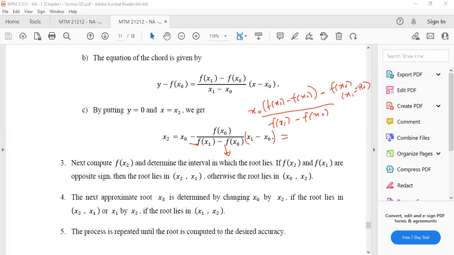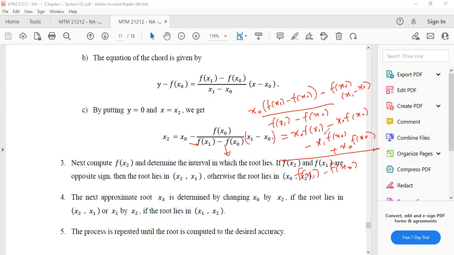You can cancel something out, see? x0 f(x1) here, and x0 f(x0). If you open the bracket, this will be x0 f(x0) minus x1 f(x0), and minus into minus is plus. Be careful about the signs. Then f(x0), divided by f(x1) minus f(x0).